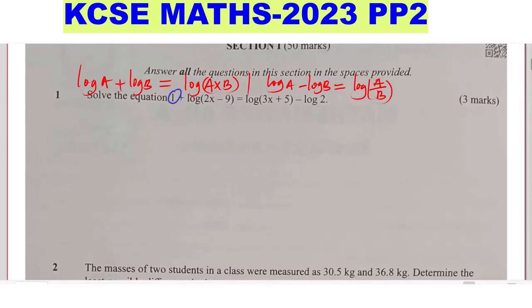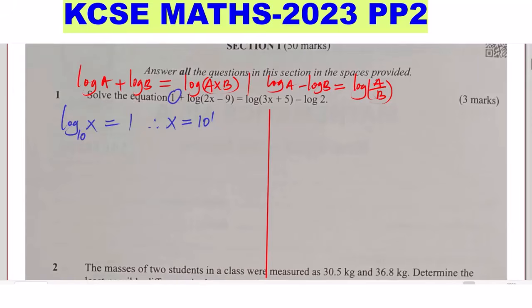So I'll start by writing 1 in terms of logarithm to the base of 10. This is how you do it. So log of x, because we don't know the value that you're going to put there, but the base is 10, should give me 1. So therefore x will be 10 raised to power 1.